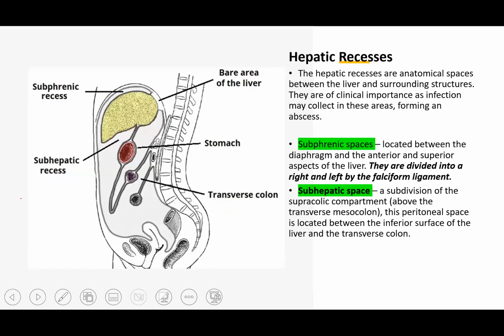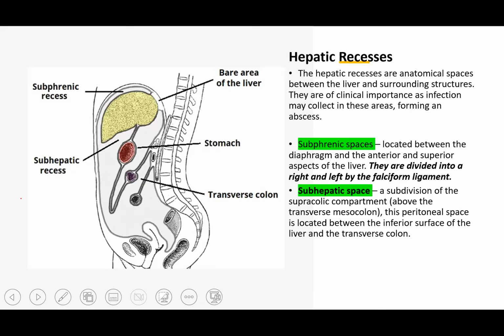Okay, let's talk about the hepatic recesses or spaces. The hepatic recesses are anatomical spaces between the liver and surrounding structures. They are of clinical importance as infection may collect in this area, forming abscesses.